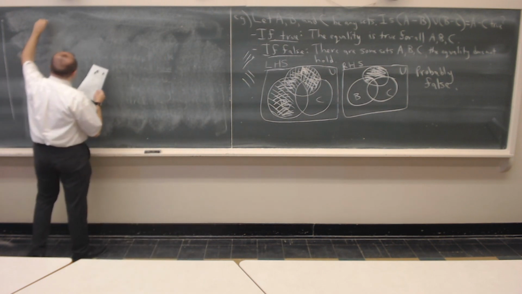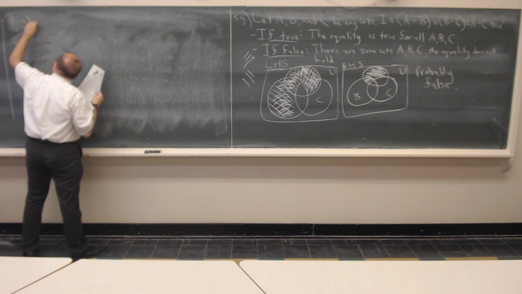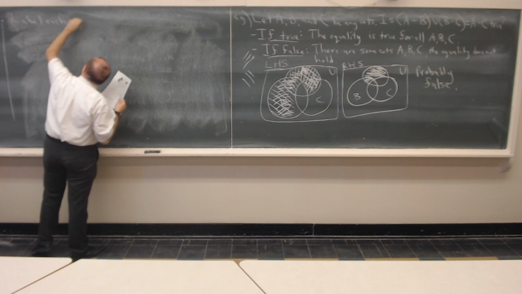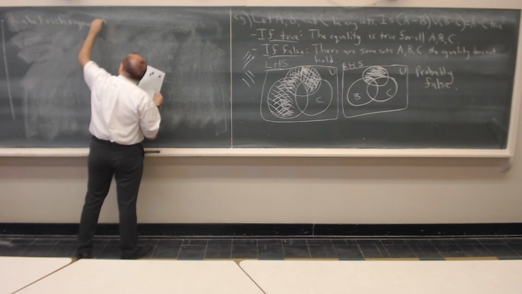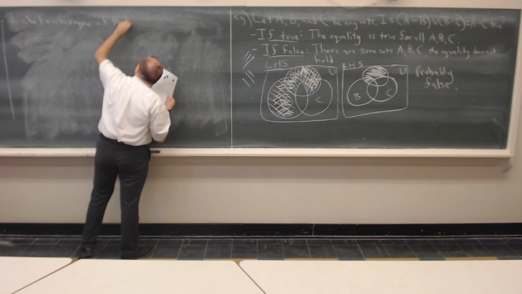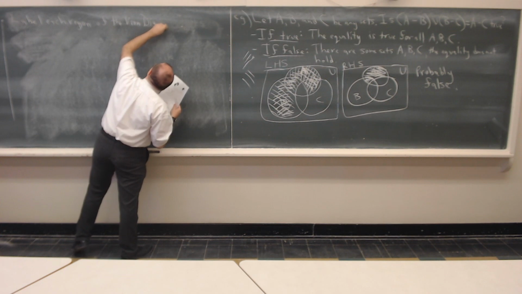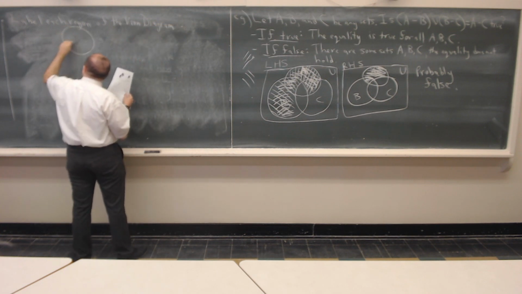So I'm just going to give you an idea. What I'm going to do is label each region of the Venn diagram. So this is basically what I'm going to follow.